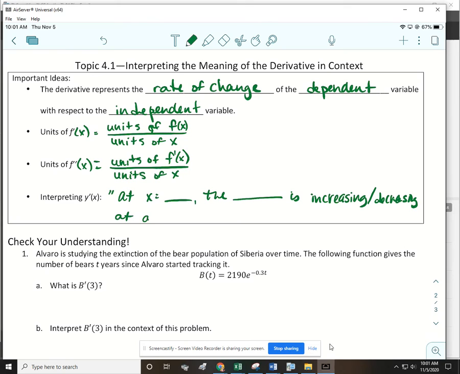At a rate of blank, and then you want to use the correct units. All right, and then I'm just going to use a different color right here. So this blank is going to be the y context.